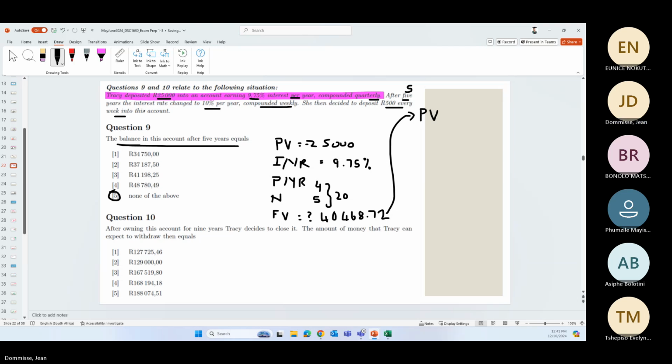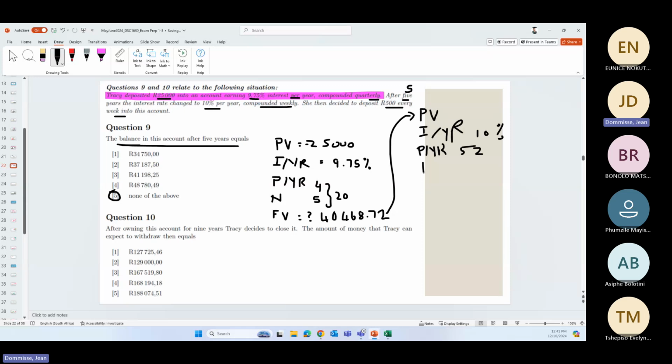Then it changed to an interest rate of 10%, compounded weekly. So now times per year is 52.